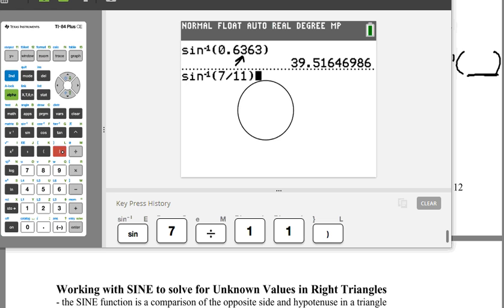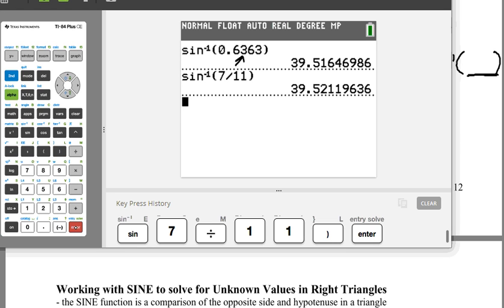Now we just calculated 7 divided by 11 is 0 decimal 6363. So if I do the inverse sine of the fraction, should be the same thing because it's just different forms of the same thing. Now in this case, it's a little bit different as we get to the lower decimals, but that's because 7 divided by 11 isn't ended after 4 decimal places.